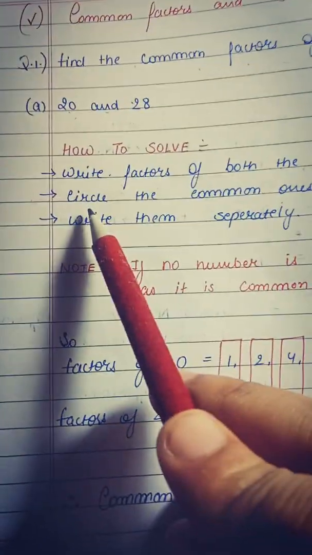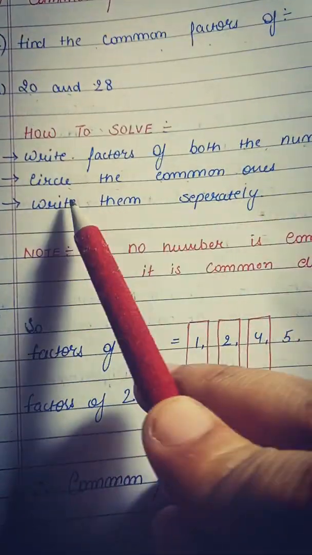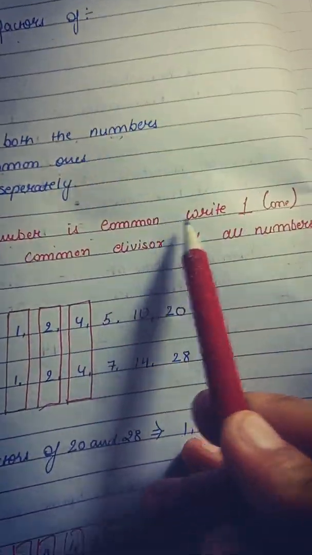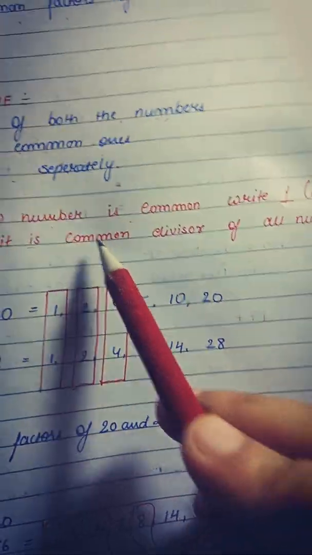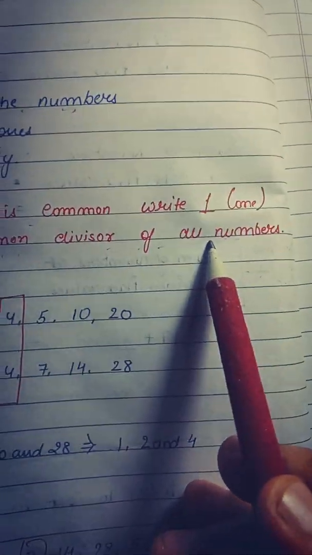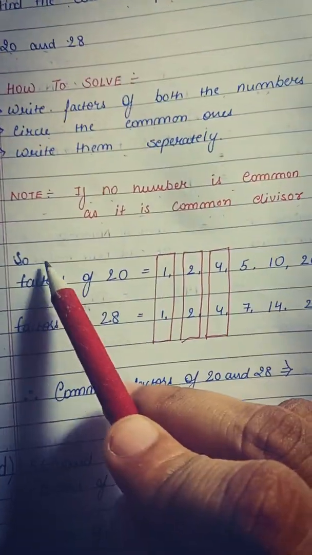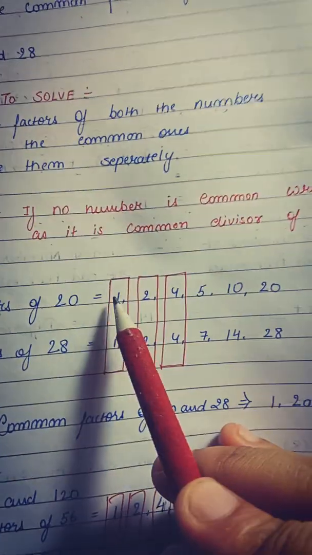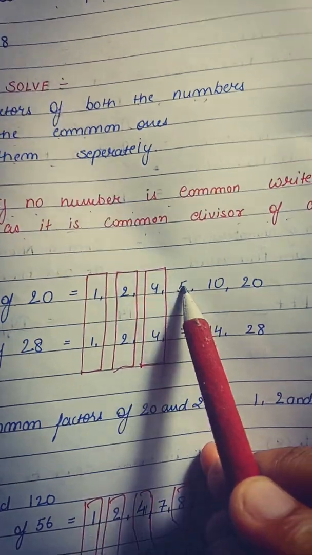Now, how to solve? The guideline is: write the factors of both the numbers separately, circle the common ones and write them separately. Also, there's a note that if no number is common, write 1 as a common factor, because 1 is a common divisor of all numbers. So, separately writing the factors: factors of 20 are 1, 2, 4, 5, 10 and 20.